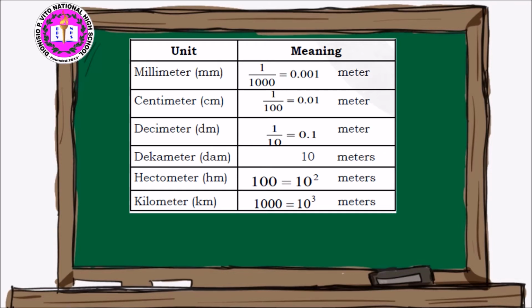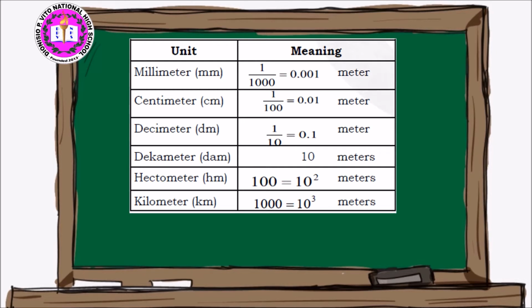So let's have first the millimeter, meaning it is 1 over 1,000 or 1/1,000th meter, or 1 millimeter is equal to 1/1,000th meter. And centimeter, we have 1 over 100, or 1/100th, so 1 centimeter is equal to 1/100th meter.